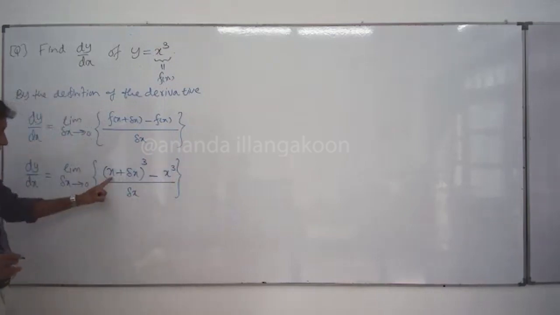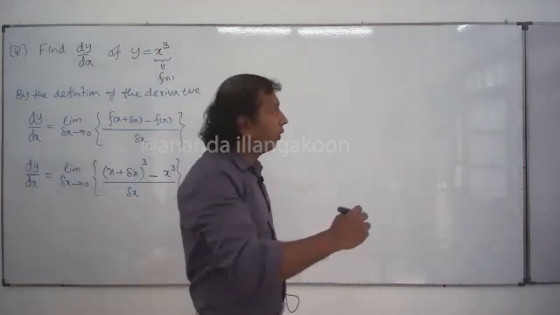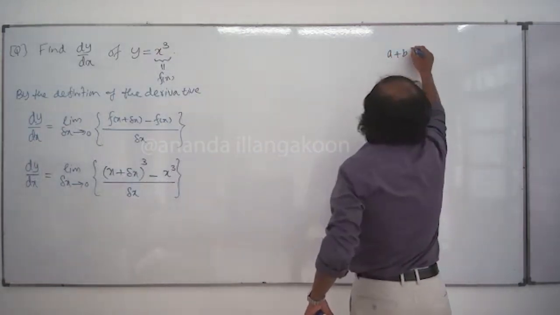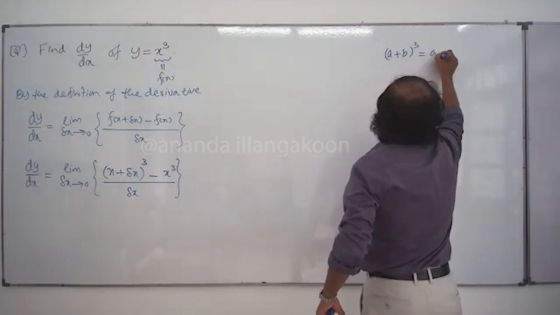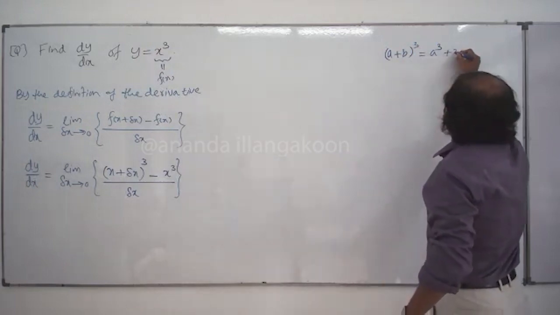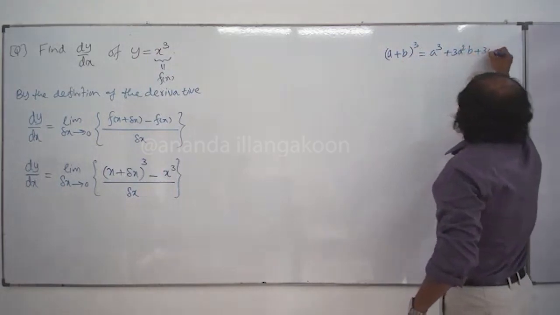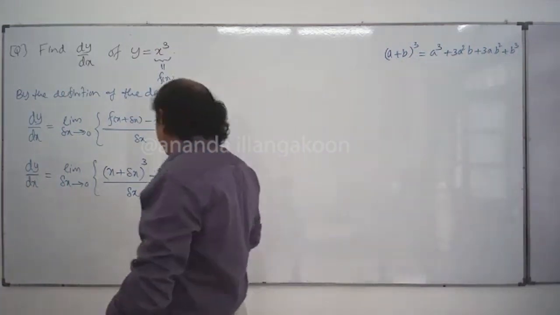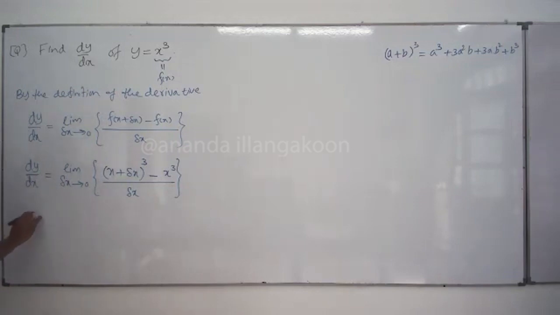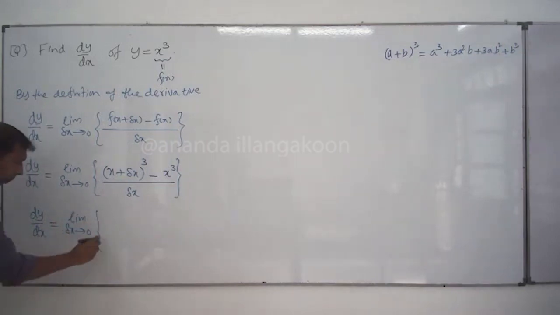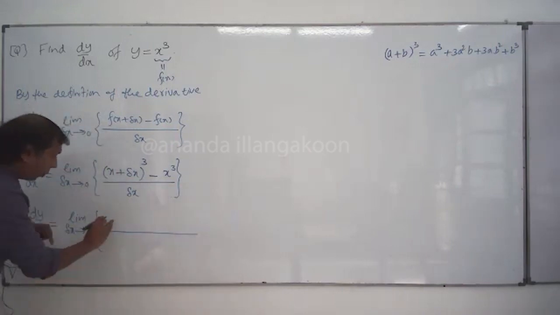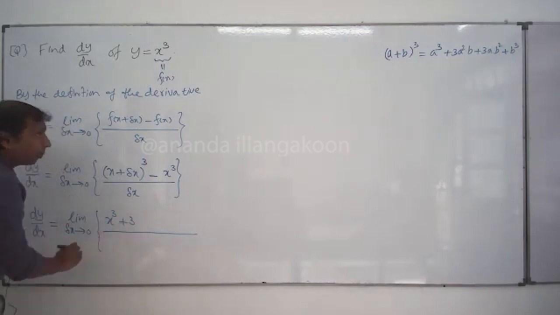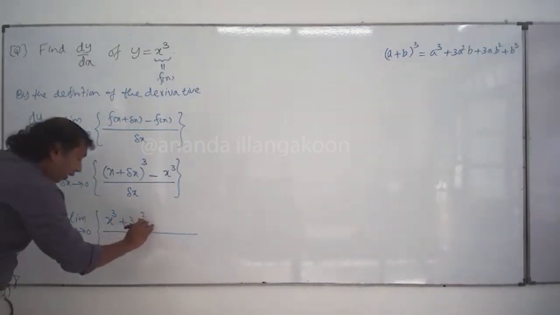Now see how to expand this, x plus delta x to the power 3. This is like a plus b to the power 3. How to expand this, people? a cube plus 3a square b plus 3ab square plus b cube. That's how we expand. So dy by dx equals limit delta x going to 0 of x cube plus 3 what, people? 3x squared into delta x.